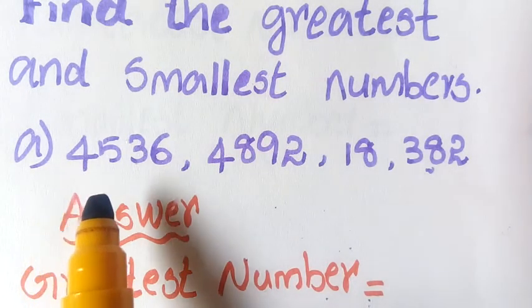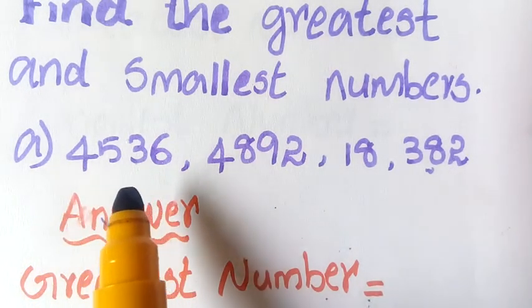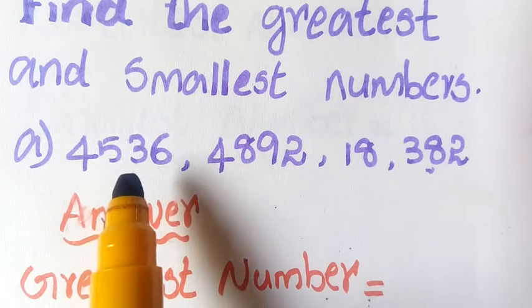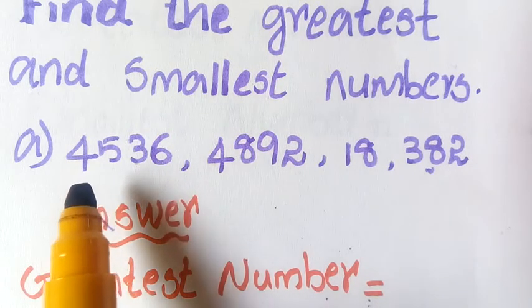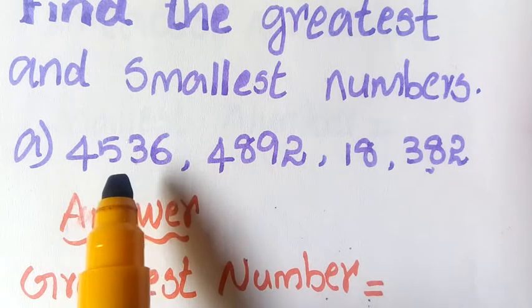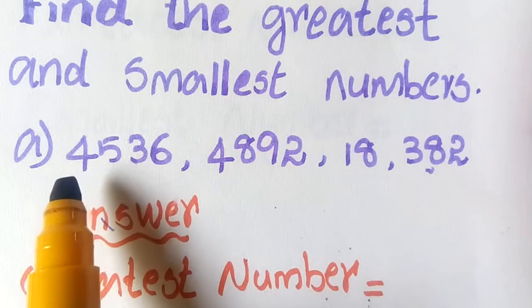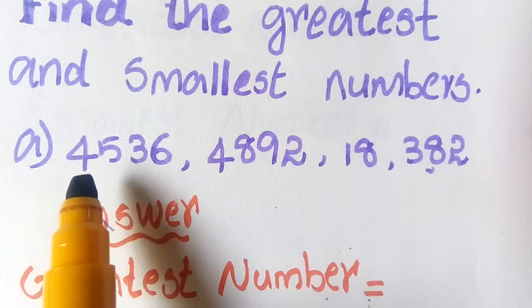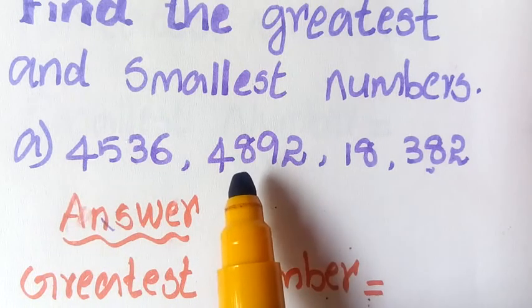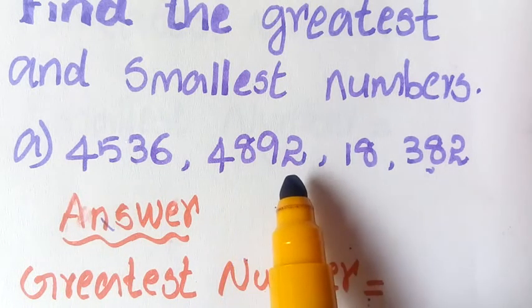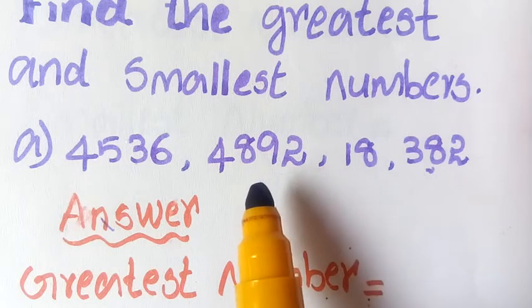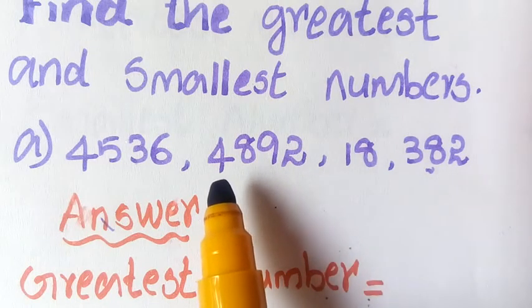In 4536, we have 4 digits and the greatest place value is ones, tens, hundreds and thousands. So it has 4 thousands. 4892 has 4 digits and the greatest place value is thousands.